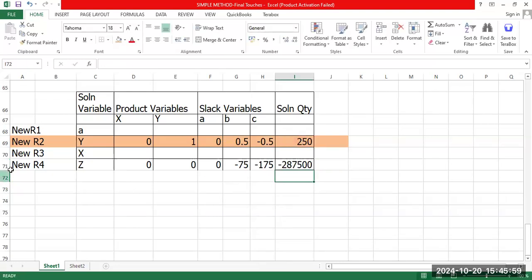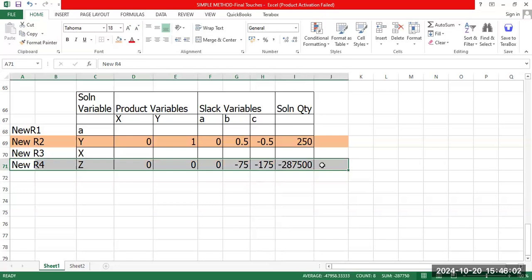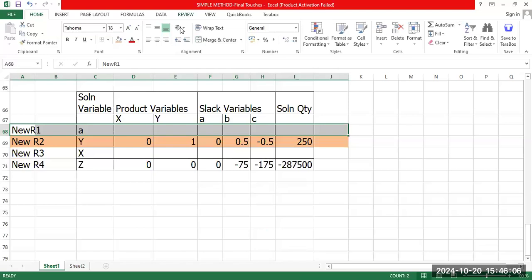Me, I'm done with my row. Who is handling row 1? Are you done?